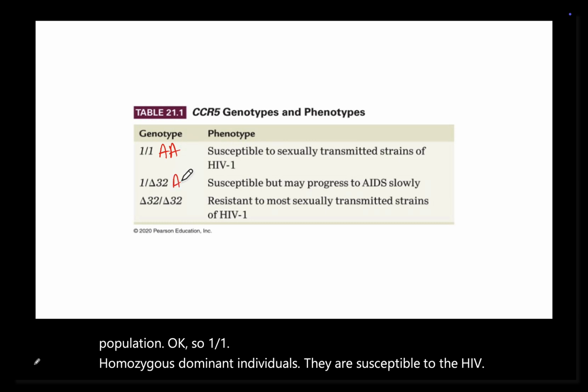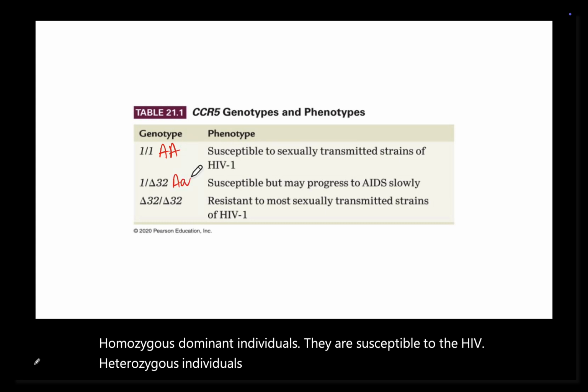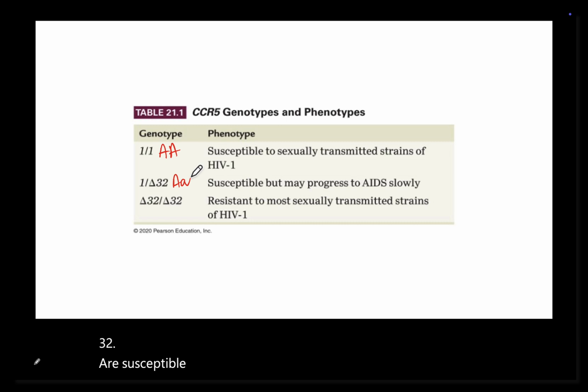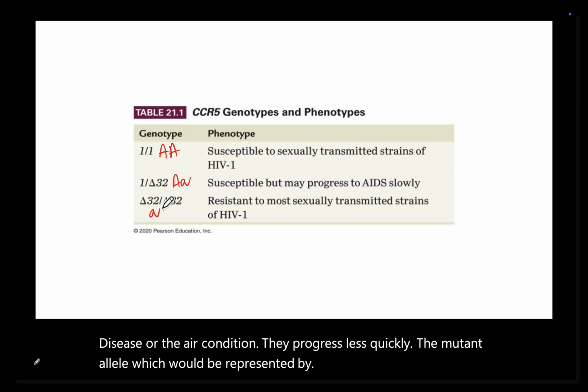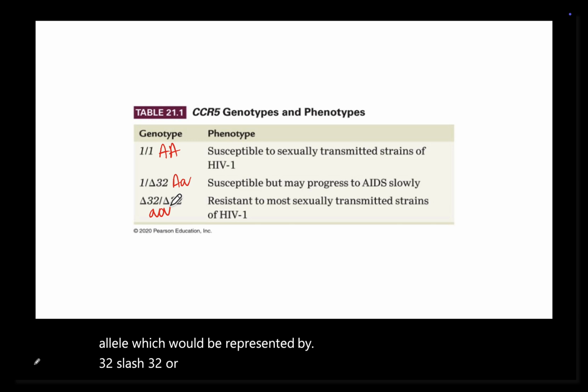Heterozygous individuals, that here we are representing by 1/32, are susceptible, but the disease or their condition, they progress less quickly. The mutant allele, which would be represented by 32/32 or lowercase a, they are resistant to most of the strains of HIV.